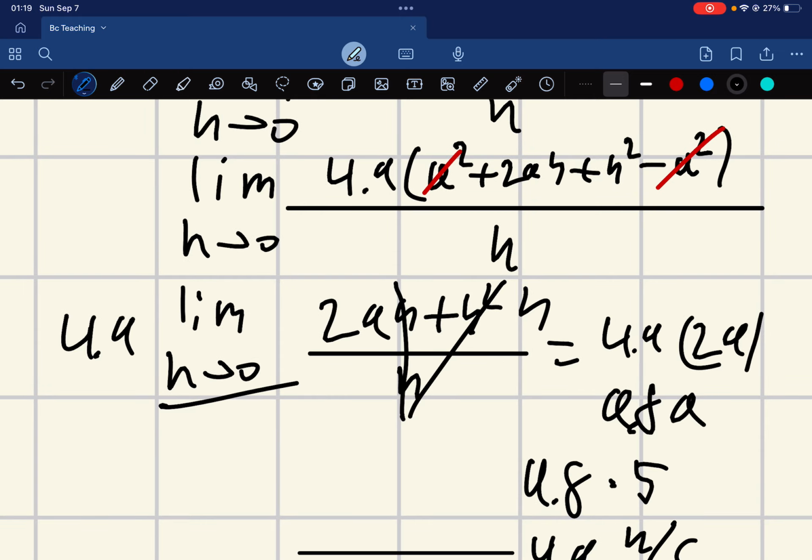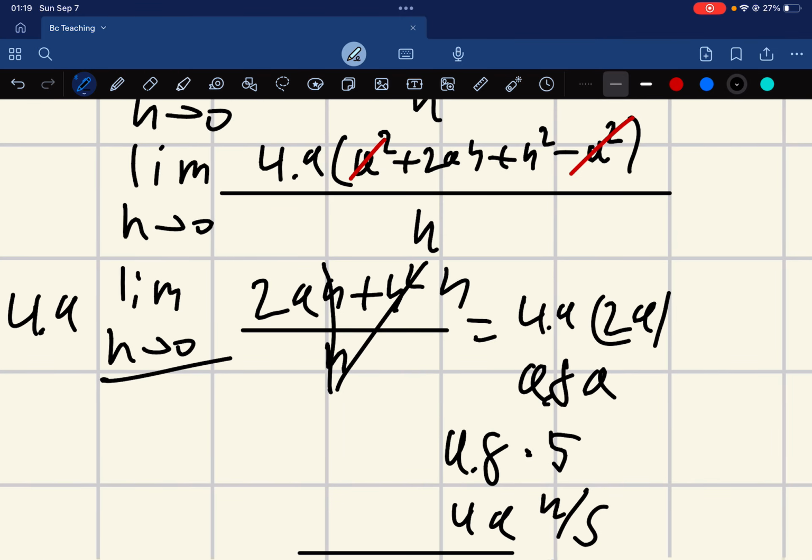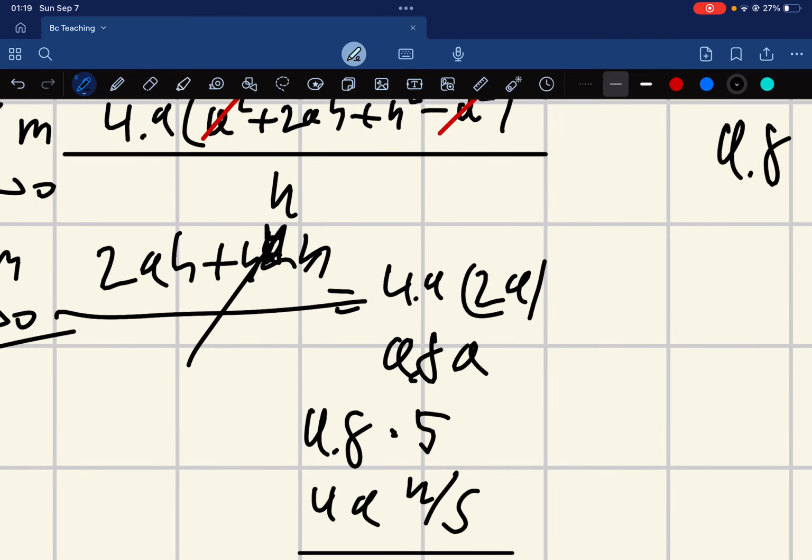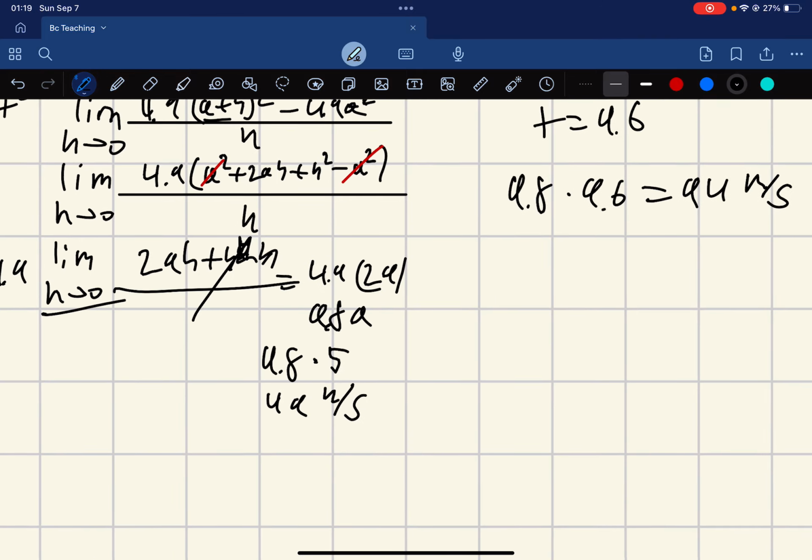This is 2ah plus h squared divided by h. These h's cancel, and this remains with h. So you get 4.9 times 2a.